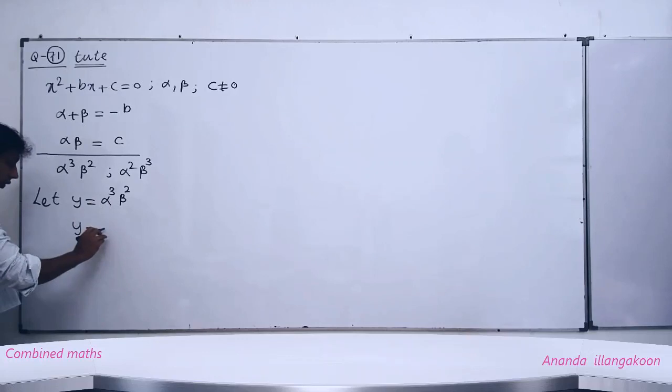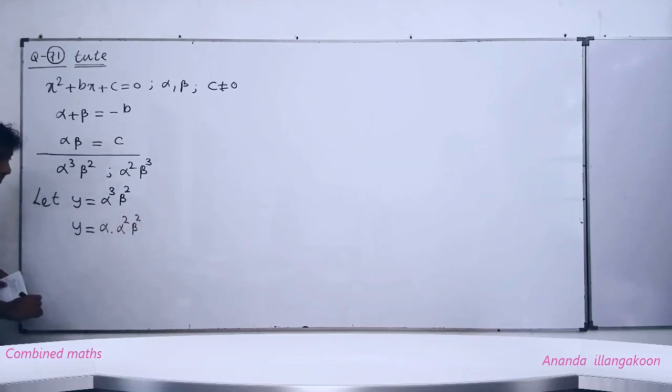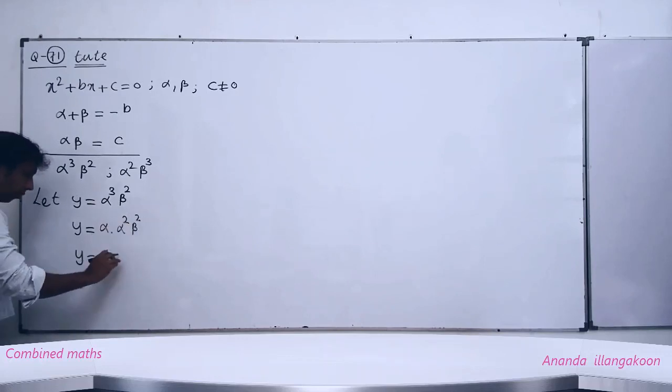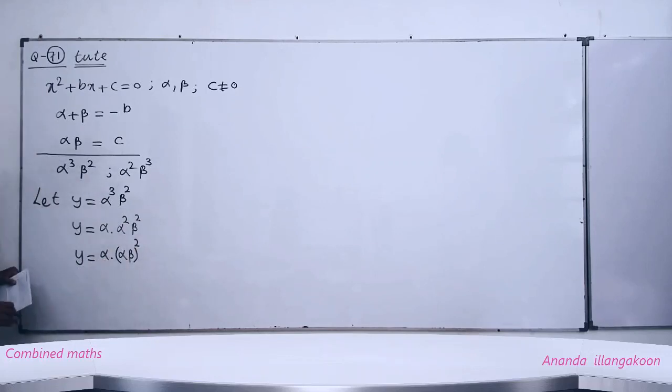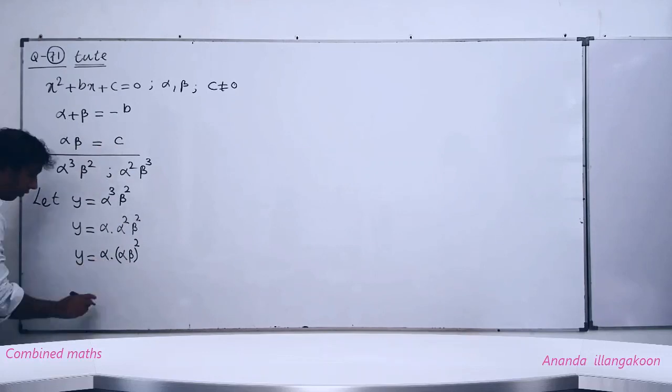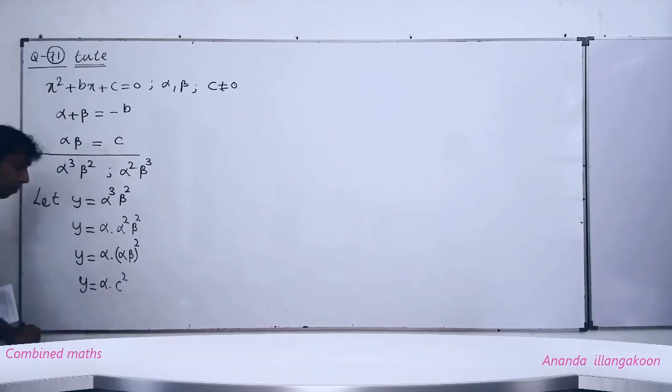This alpha cube I can write as alpha times alpha squared beta squared. Correct, no? Alpha cube I can write as alpha into alpha squared. Then we can write y equals alpha times this alpha squared beta squared, which I can write as alpha beta squared. But people, alpha beta means this c. We can put here c. Y equals alpha times c squared.